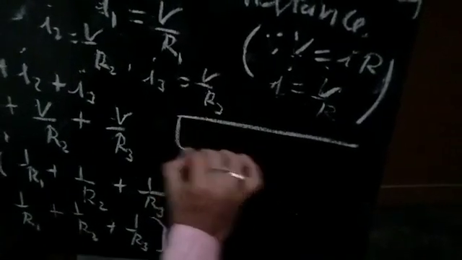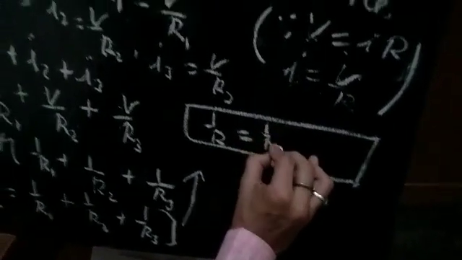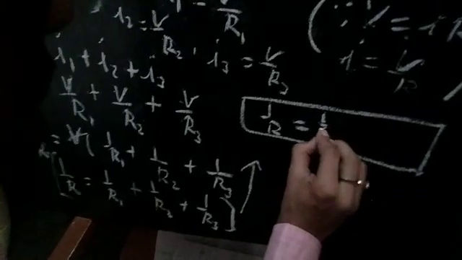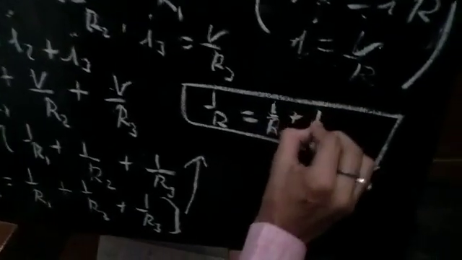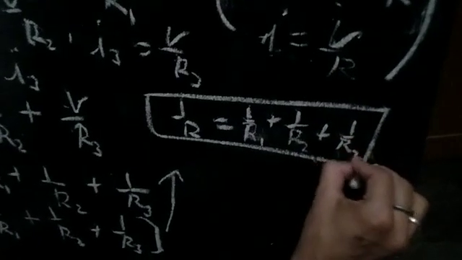This is 1 upon R is equal to 1 upon R1 plus 1 upon R2 plus 1 upon R3.